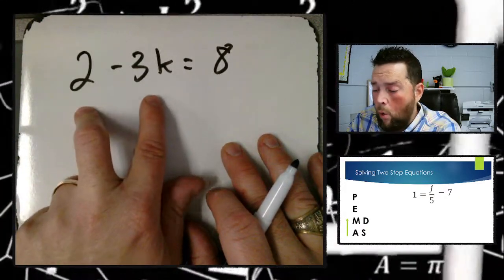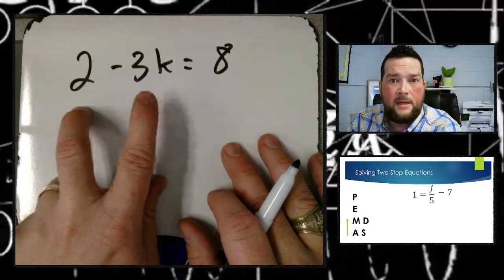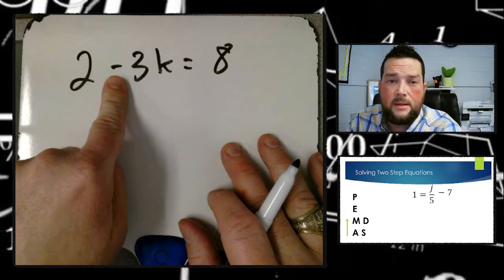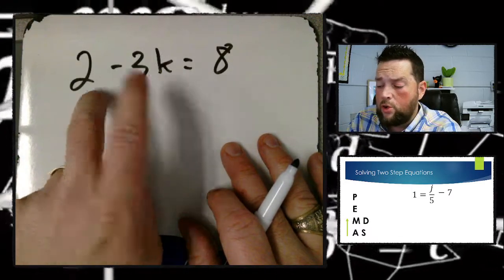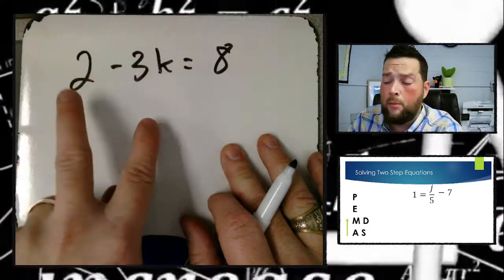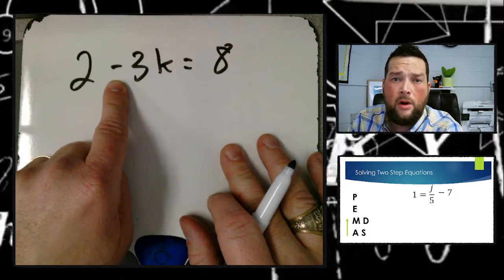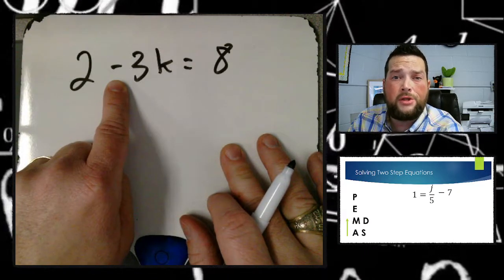So we don't see this too often. So what I want to do is swap these. But I can't swap these right now because this is subtraction. And in order to swap these, we're going to use the commutative property, which means to move the numbers. But the commutative property does not apply to subtraction. It only applies to addition and multiplication.